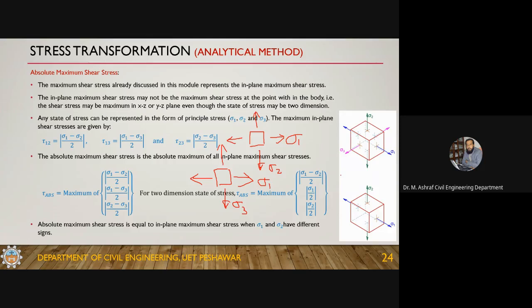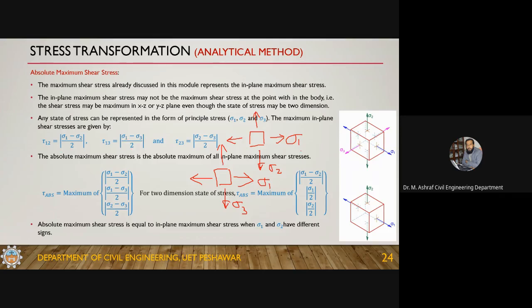If you are looking at it from the top, you will see this one. So this is basically the 1-3 plane. You will see sigma 1 and sigma 3. For this state of stress in this plane, the maximum in-plane shear, which is tau 1-3, is equal to sigma 1 minus sigma 3 by 2.